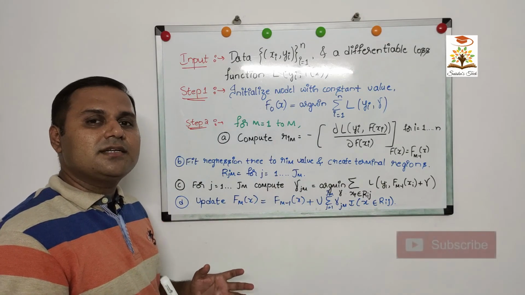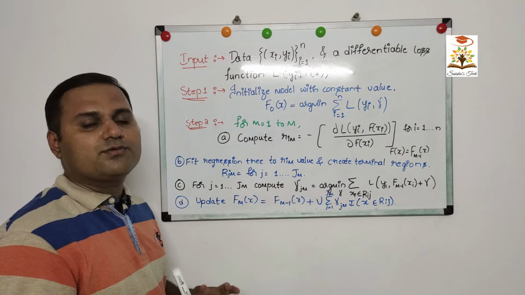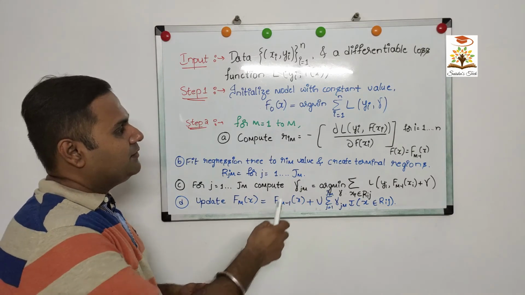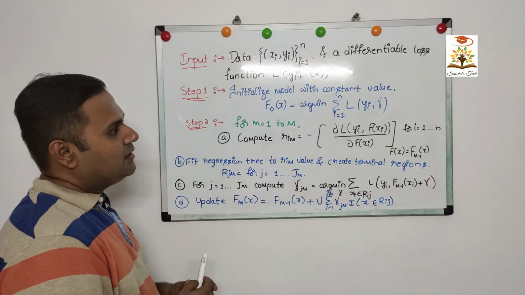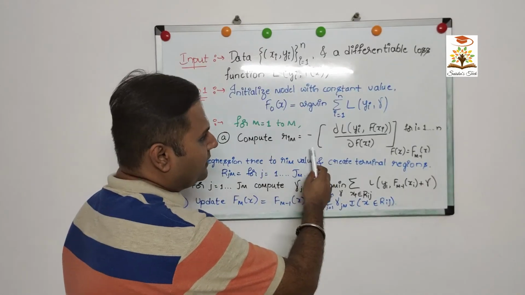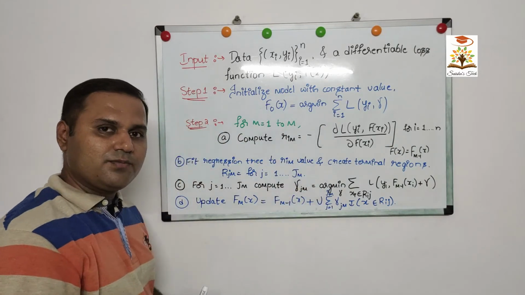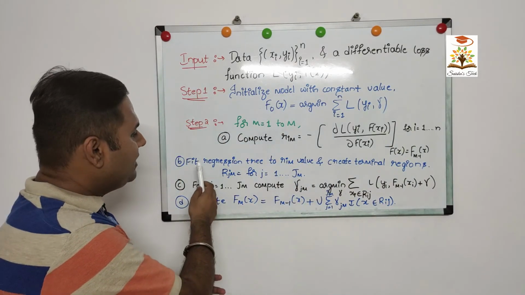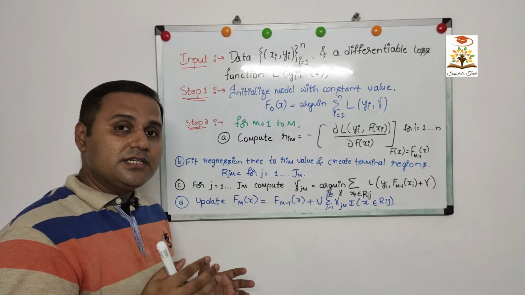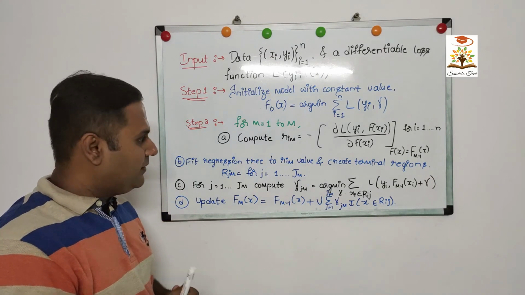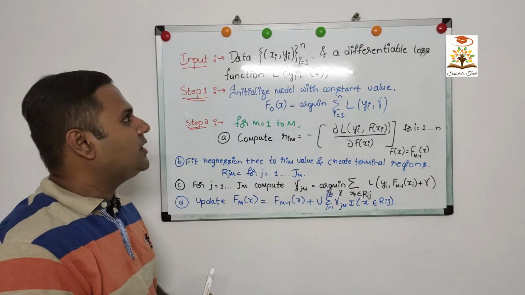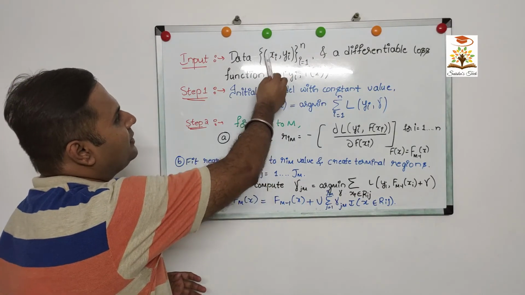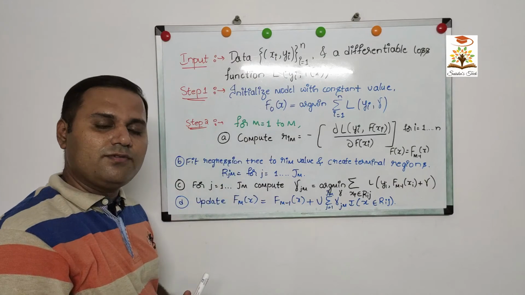It is just the derivative of the loss function with respect to the predicted values. After getting the residual values, we fit a regression tree with our residual values as the target attribute and the input features x of i.